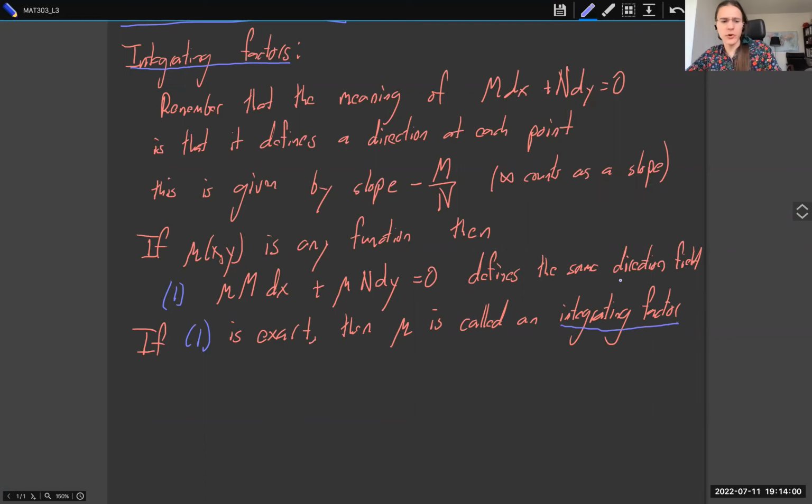In general, we're going to solve problems by first checking for exactness, and then when we see that it's not exact, we're going to find an integrating factor.